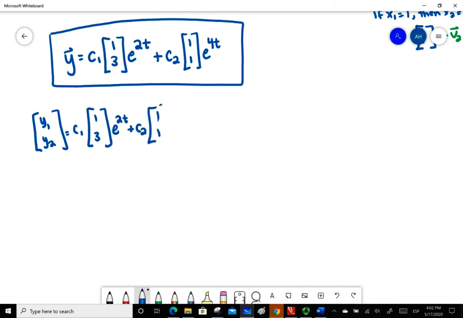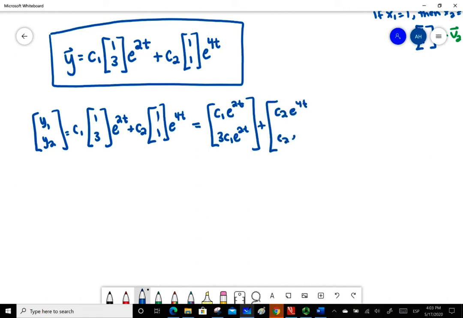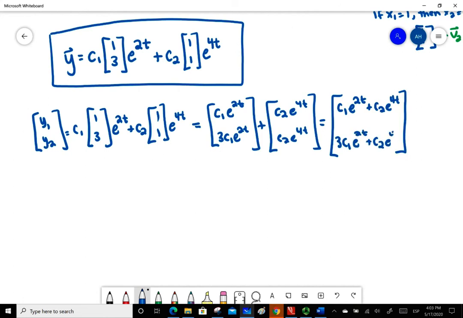which we can then write using scalar multiplication as [c1 e^(2t), 3c1 e^(2t)] + [c2 e^(4t), c2 e^(4t)], and then by matrix addition, we get c1 e^(2t) + c2 e^(4t) in the first component, and 3c1 e^(2t) + c2 e^(4t) in the second component.